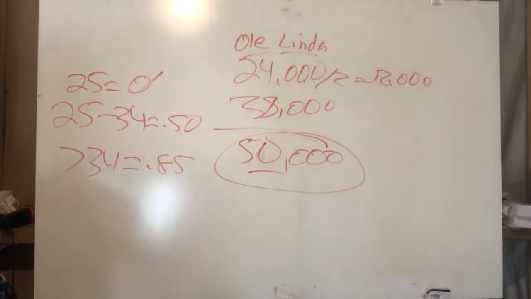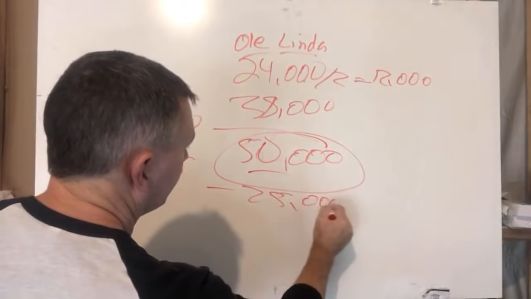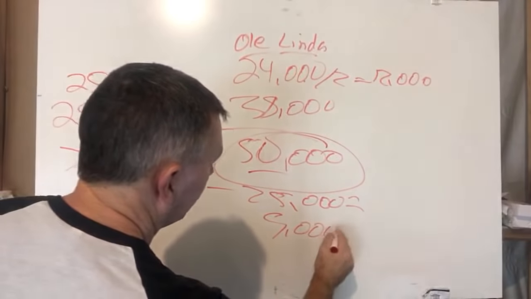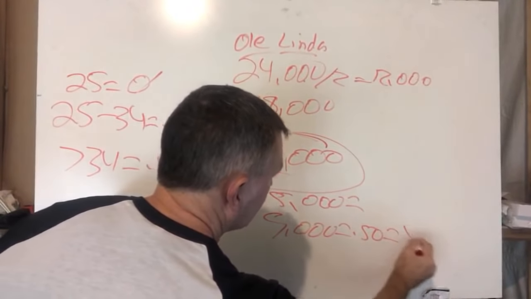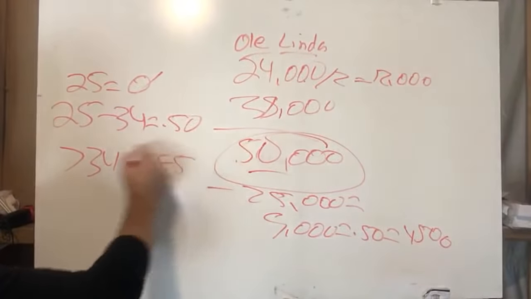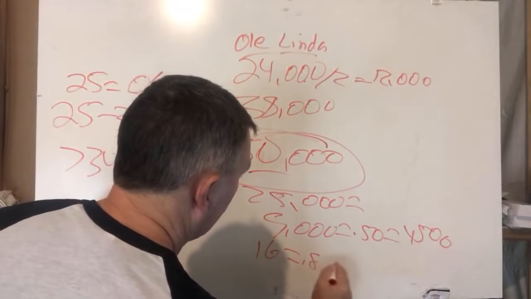The first $25,000, nothing is subject to taxation. The next $9,000, half of that is subject to taxation, or $4,500. And then we have $50,000 minus $34,000, $16,000 times 0.85.